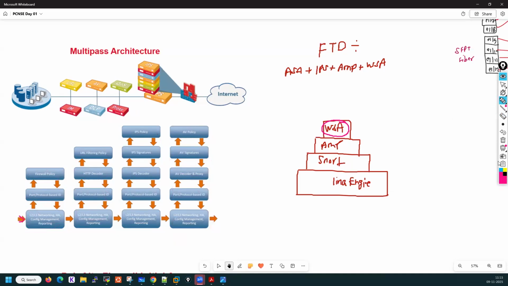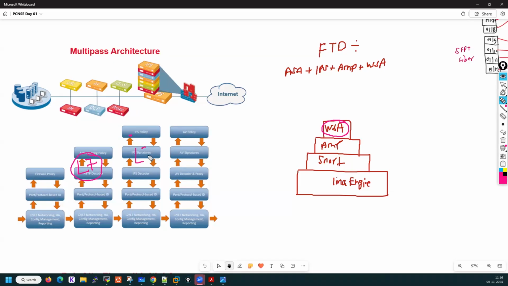This is the multipass architecture, and that was the problem. See, your packet is processed, comes back to the Lina engine. Again, packet processing is done. Then it goes, comes back to the Lina engine, then layer 4 processing. Which means, if you understand this properly, what they are doing is giving this layer 7 information here.